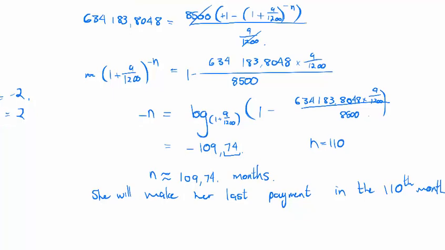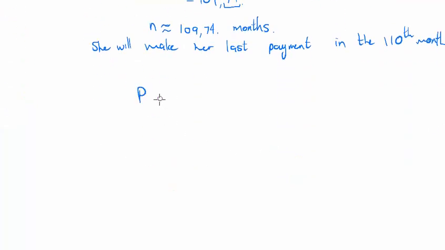Well, how would you determine it? You will determine it with this formula. Okay, 8,500 times 1 plus i to the power of, how many payments does she have left?